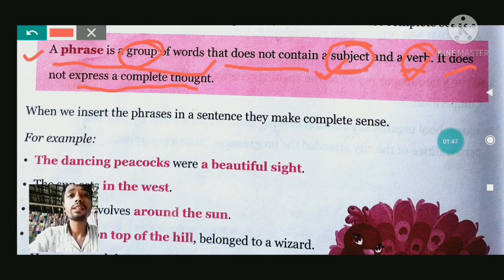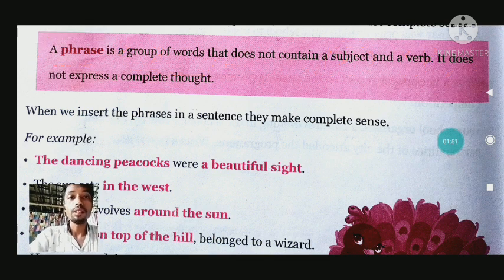A phrase is a group of words that does not contain a subject and verb. More than one word where we can't see any subject and a verb. It does not express a complete sense. Okay, we have some examples below.